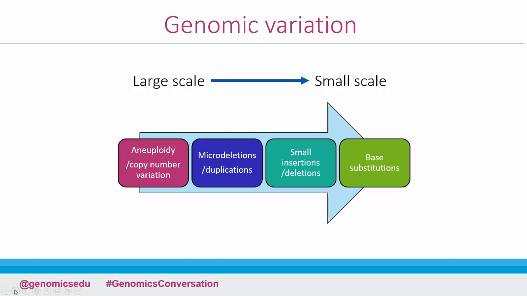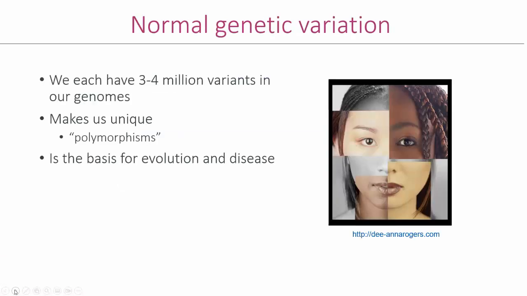So I just think it's really important that you see that full scale of genomic variation that can cause disease, but that also might be part of this normal genetic variation. And whenever we're thinking about genomics, it's always important to think that this is our background.